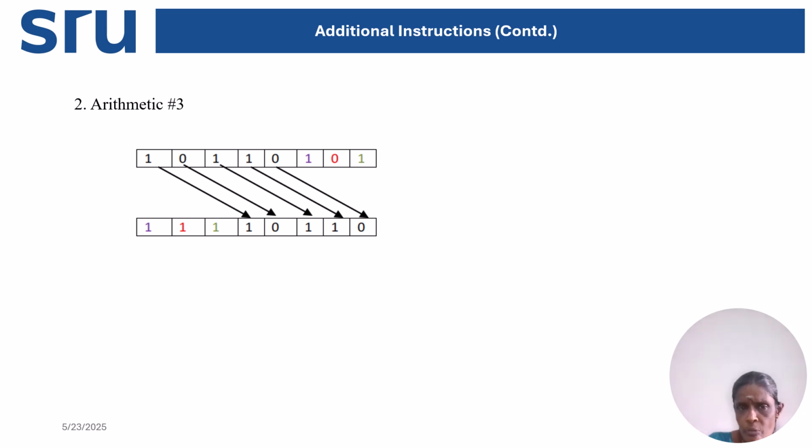So 0 1 1 0 1. These 3 bits, irrespective of whether their values are 0 or 1, are made 1 1 1. In logical we make 0 0 0. In arithmetic we make 1 1 1.